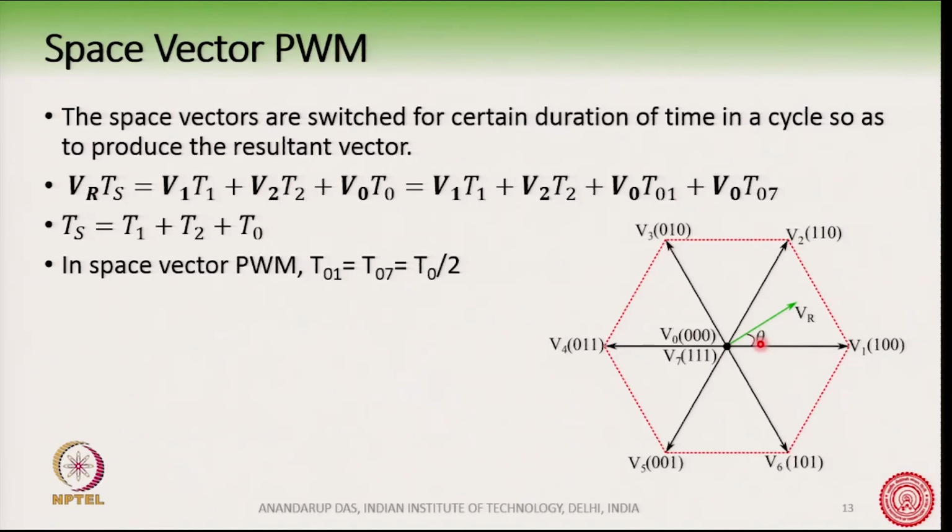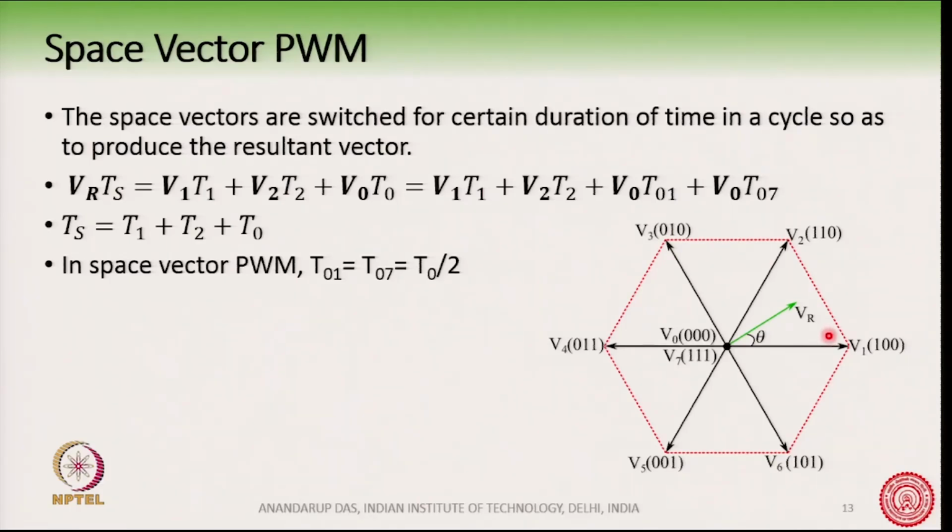This weightage is nothing but the duty cycle. For example, in a switching period Ts, if we apply this vector for more duration of time and these two vectors for less duration of time, then the resultant vector will come very close to here.